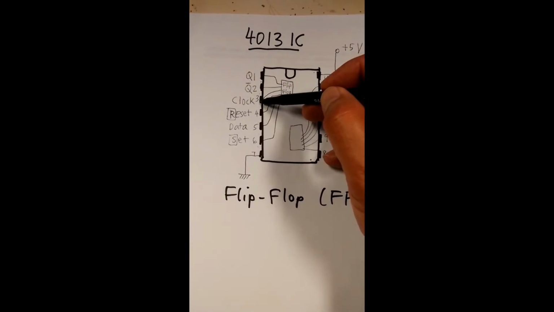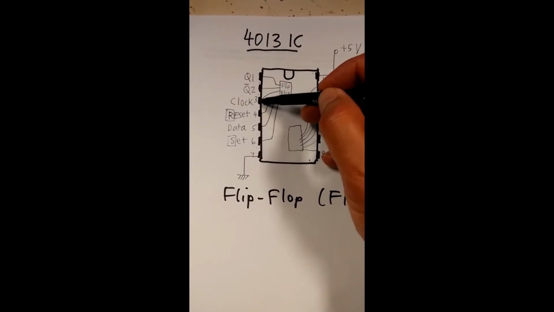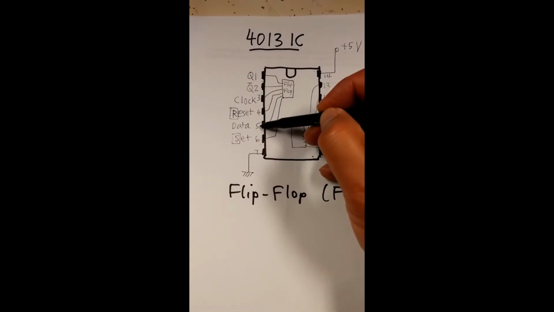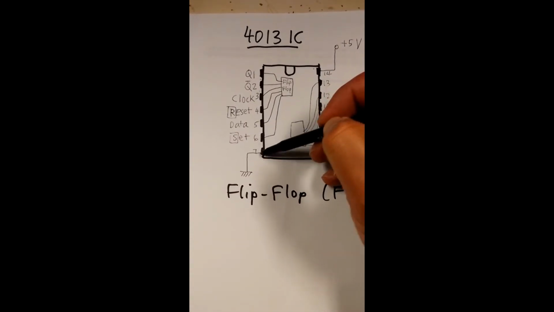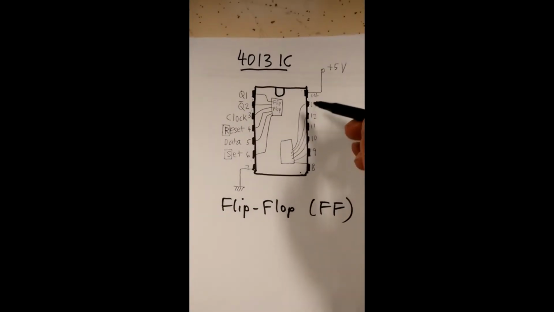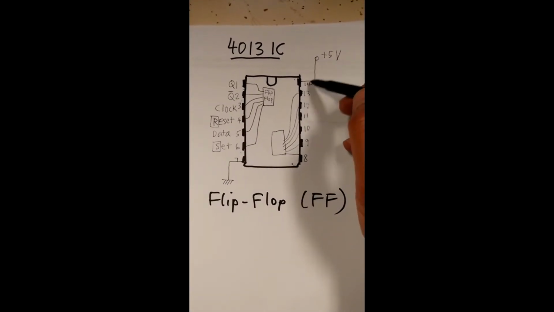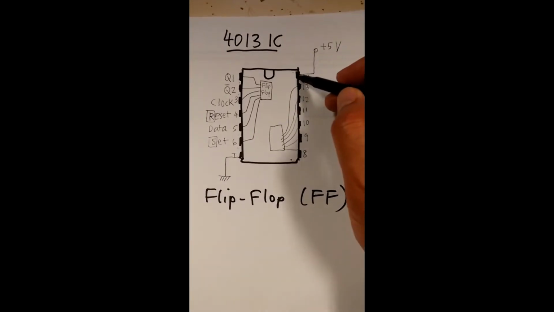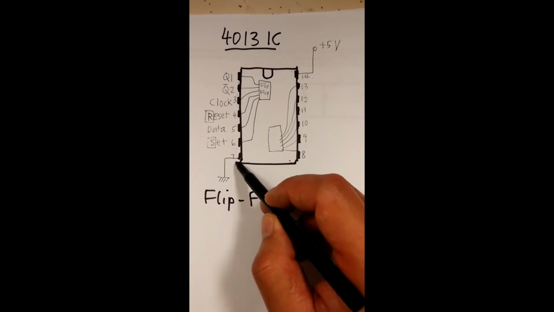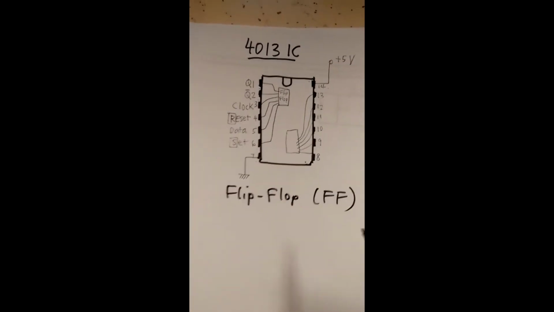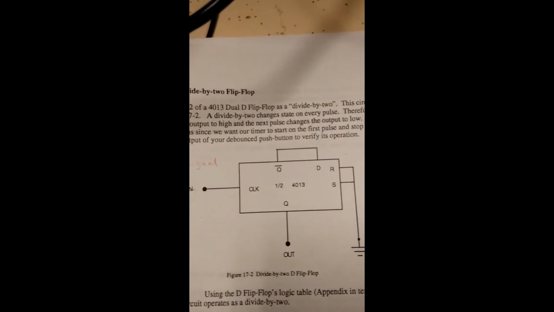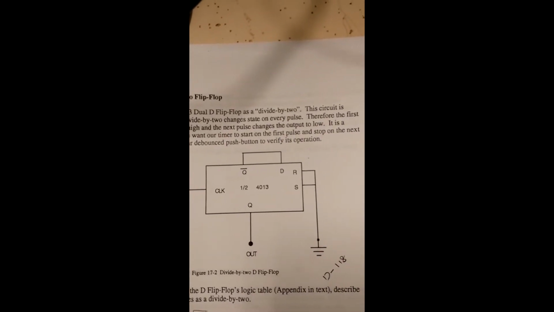And clock, usually you have the signal in, and then the reset, they use R, data, and set, and we have this ground. So to power this IC, we have these 5 volts into pin number 14, ground, pin number 7. All right, so this is what you have in your lab instruction.